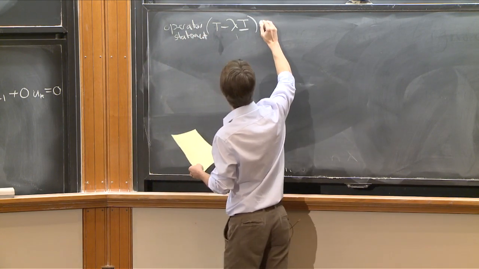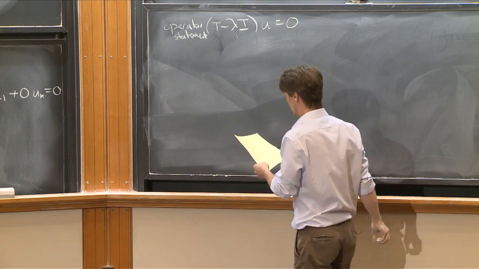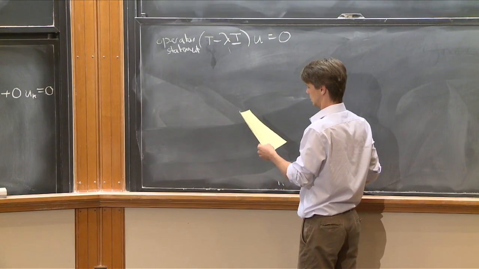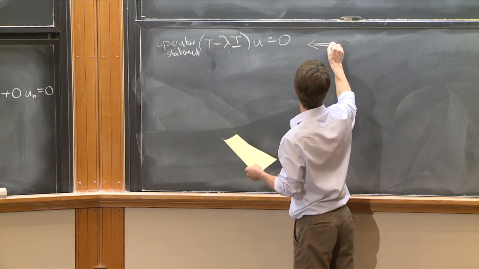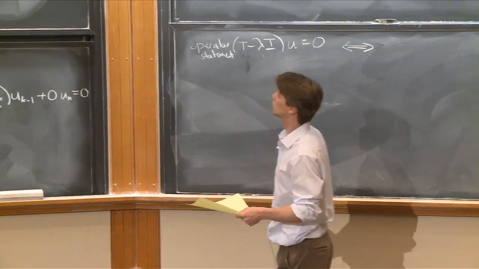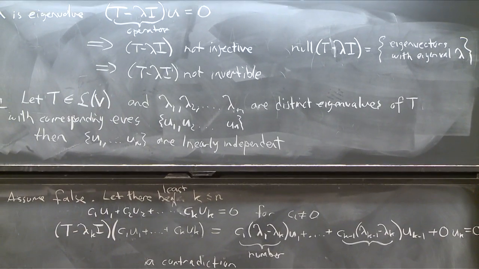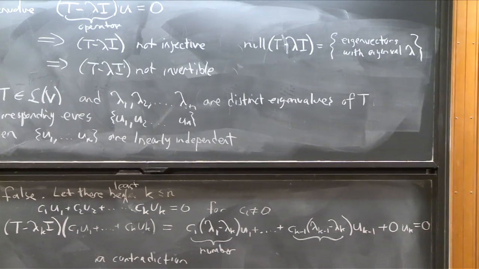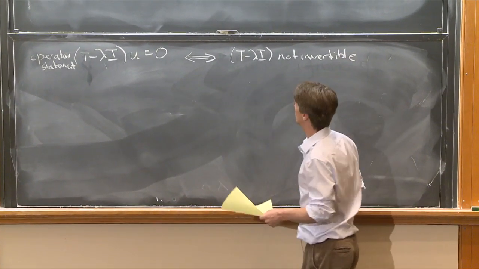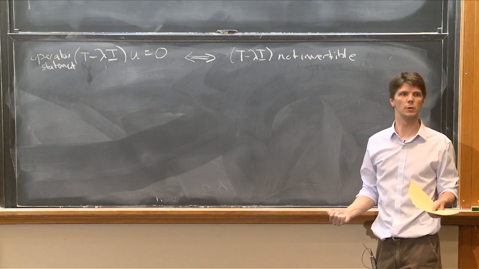So this operator statement, (T minus lambda I) u equals 0, is equivalent to saying that this operator is not invertible. But that's also equivalent to saying that the matrix representation of it in any basis is not invertible.